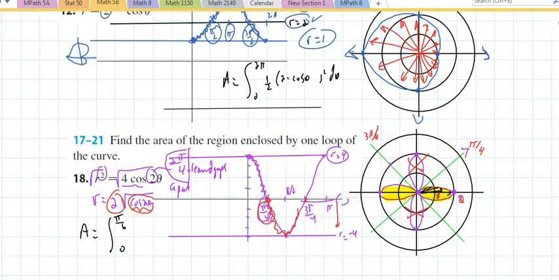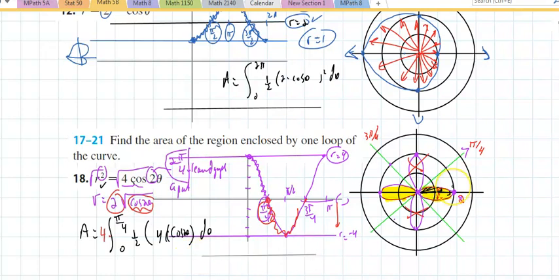I'm going to run to pi over 4 of 1/2 r squared d theta. r squared is already given to me before, the cosine of 2 theta. Cosine of 2 theta, and since there is 1, 2, 3, 4 of those, I multiply that by 4 and use symmetry, and that will do the trick.